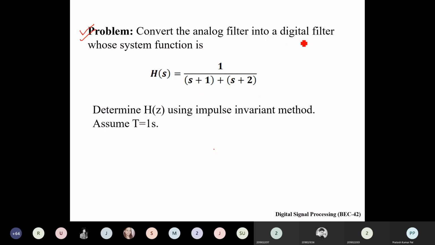The system is given as 1 upon s plus 2. We need to determine H of z using the impulse invariant method, and the sampling time Ts is given as 1 second.